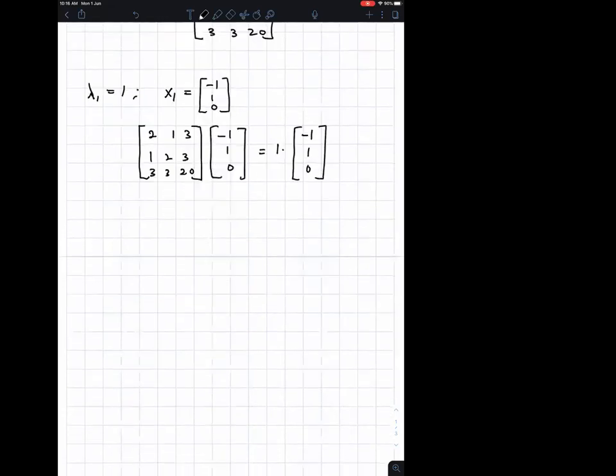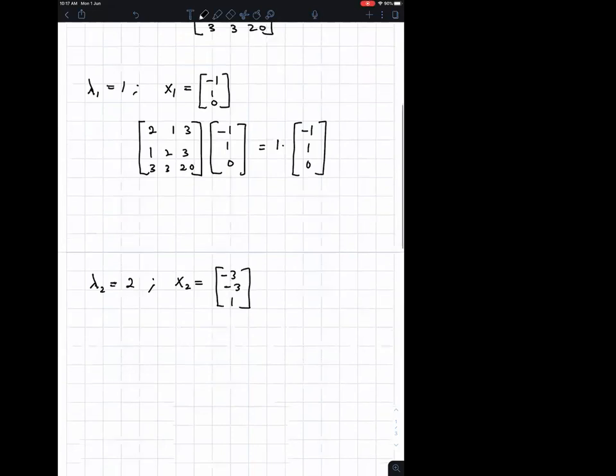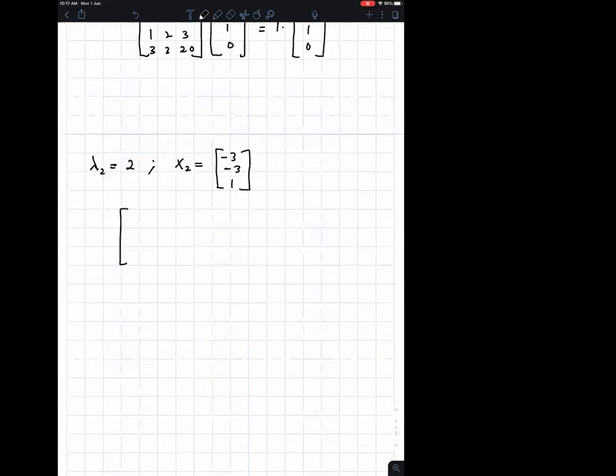Okay, if lambda 2, let's say that you have another eigenvalue, let's say this lambda 2 is 2. And if the corresponding eigenvector is minus 3, 1.